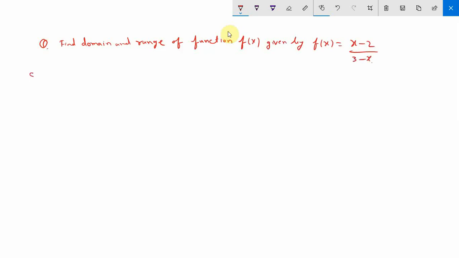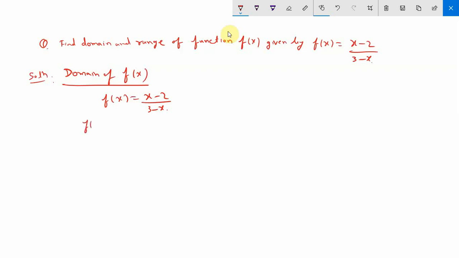Okay, so how to find domain and range? As we have discussed already, how to find the domain. So first we will find the domain of f(x). If we see f(x) equal to (x minus 2) by (3 minus x), so f(x) is defined for all x except 3 minus x equal to 0.